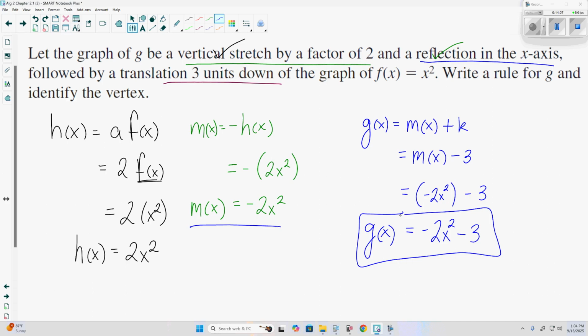It works just fine. But if we do this in a different order, if we have the translation 3 units down, then the vertical stretch, that factor 2 isn't just going to be in front of the x squared. It's also going to have to be applied to that 3, that down 3. So, again, I don't like the just plug it in method because, yes, if it's ordered in this way, it works fine.